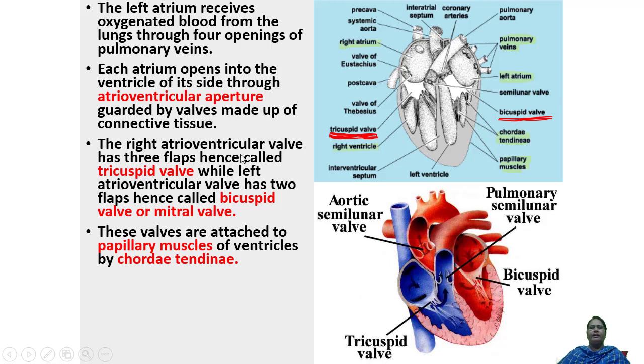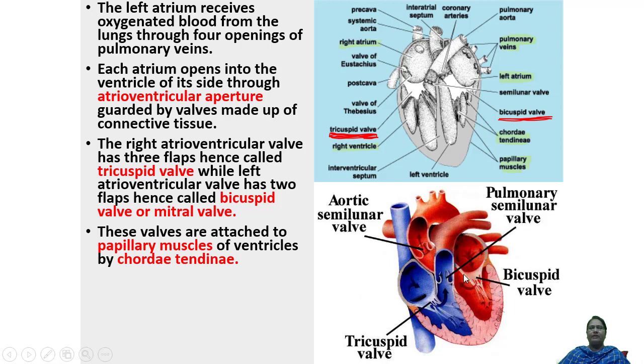The right atrioventricular valve has 3 flaps, which is called a tricuspid valve. And the left atrioventricular valve has 2 flaps, which is called a bicuspid valve or mitral valve.